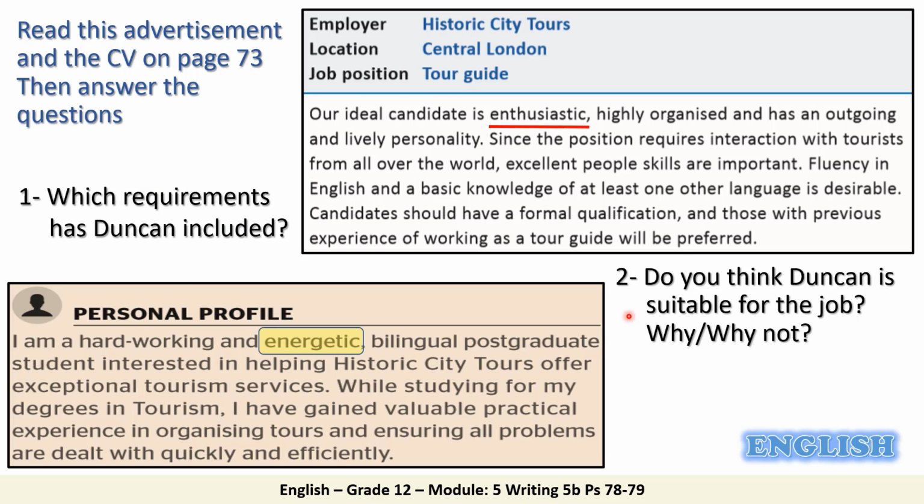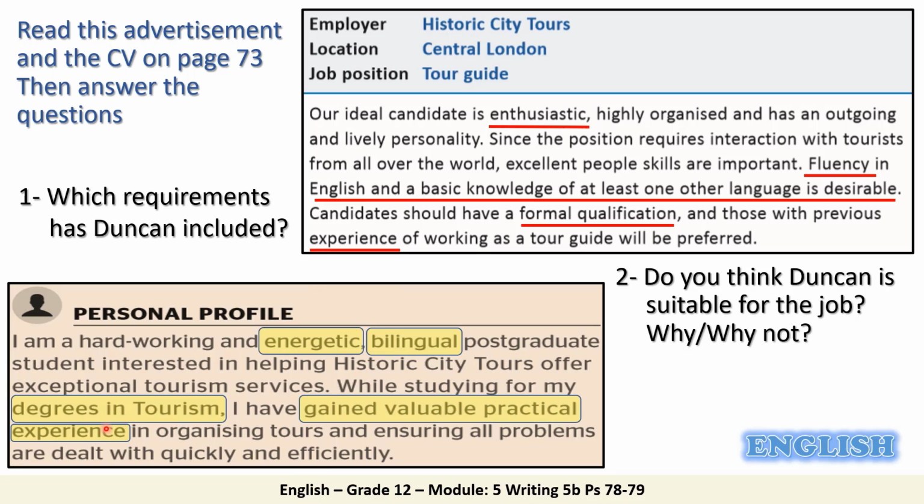Duncan has included the personal quality that he is energetic, which exactly means enthusiastic. Concerning the languages, he said that he is bilingual. Okay, right. He also mentioned some qualifications. He has a degree in tourism. And he also mentioned something about his previous experience, right?